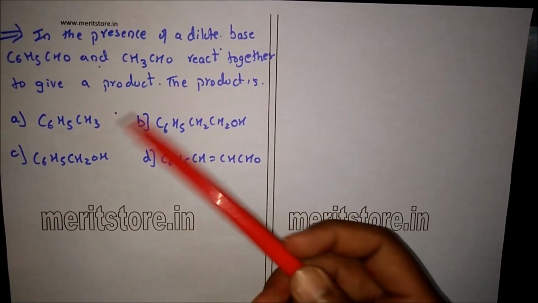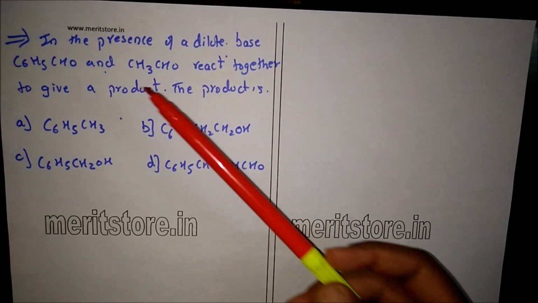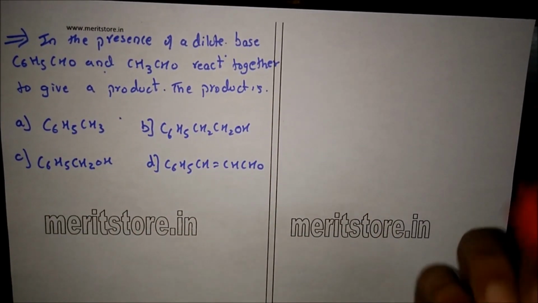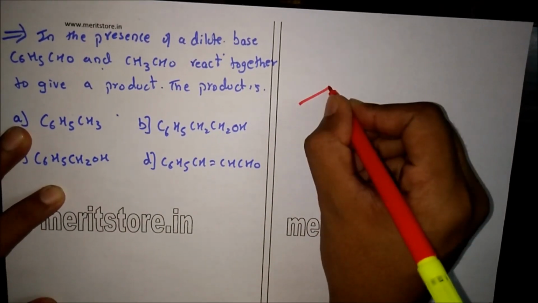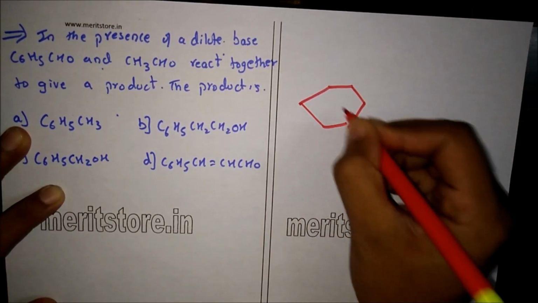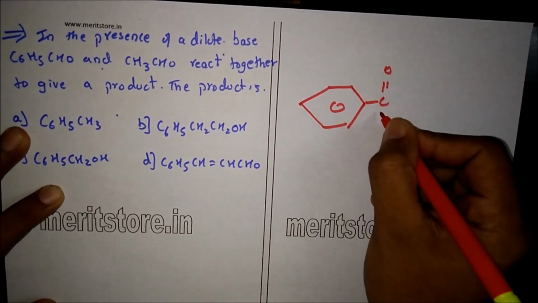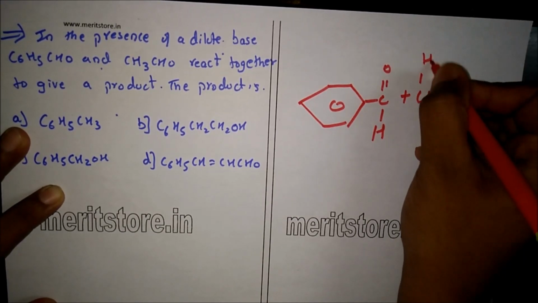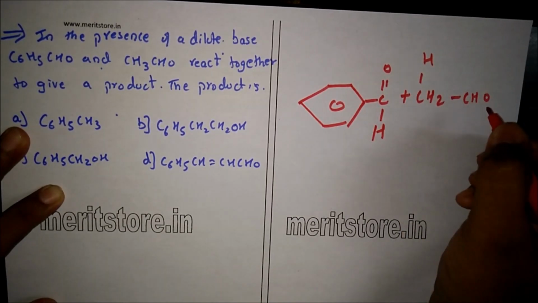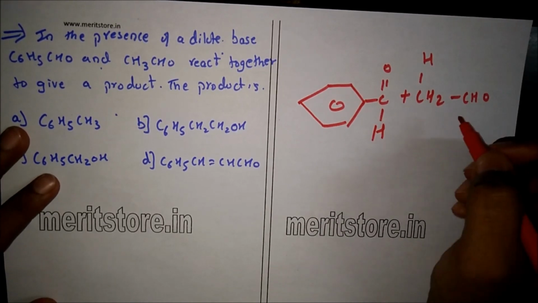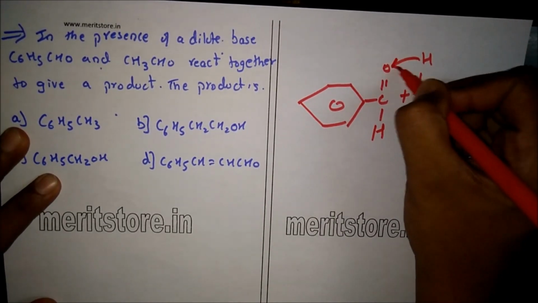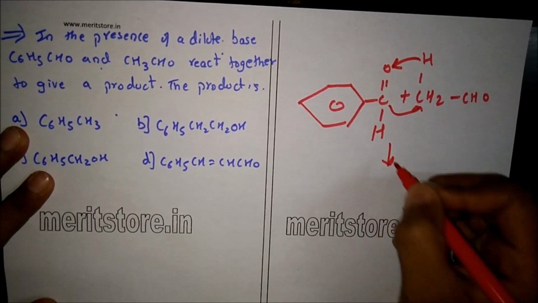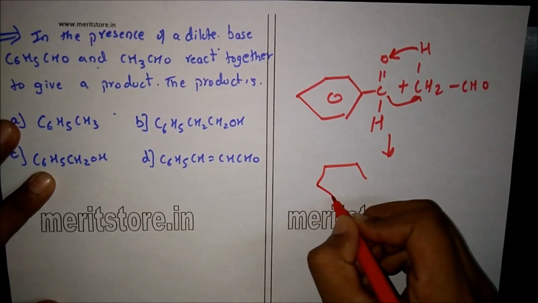In the presence of a dilute base, C6H5CHO and CH3CHO react together to give a product. The product is, here are the options. Now let's look at the reaction taking place. This is the reaction which takes place. Now in this reaction, H will go to O and C will go here. Therefore, in the presence of a base, this will be formed as the product.